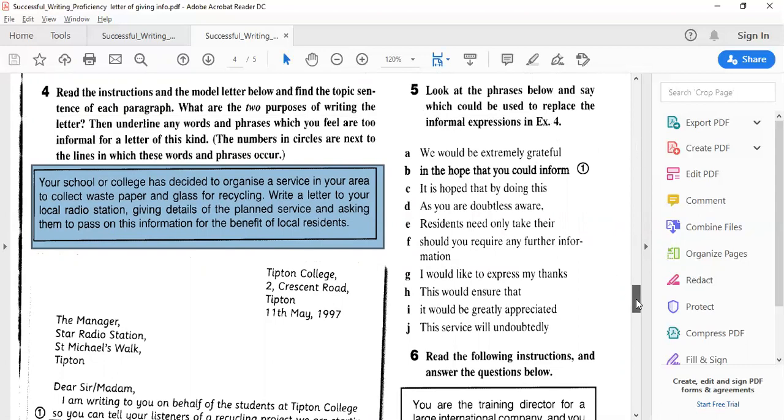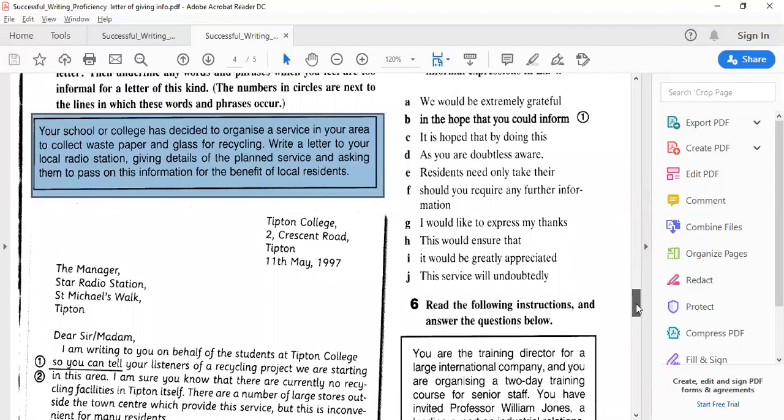There are some informal expressions in exercise number 4. The first one they have given for you is 'in the hope that you could inform.' Look at this one first. So instead of 'you can tell', you can use 'in the hope that you could inform.'